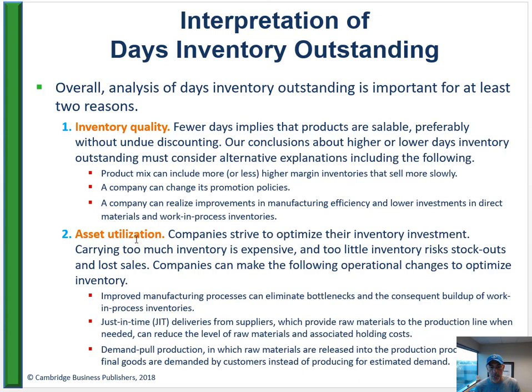Here's asset utilization. I already mentioned the just-in-time deliveries from suppliers. We have improved manufacturing processes, demand pull production. So again, it's your job as the analyst to first notice what's going on and then answer the question why. And these are common answers to that question why when you see year-over-year or quarter-over-quarter changes in the average days inventory outstanding.